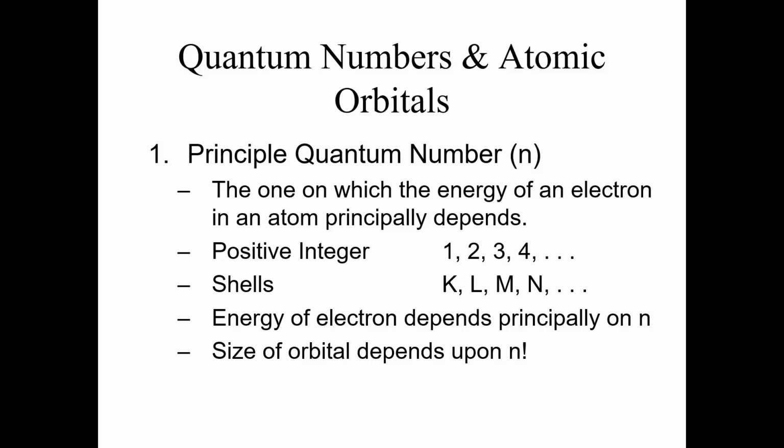Those are the levels. There's nothing in between. They're either on the first level or the second level. And so they get this as n equal to 1, 2, etc. These correspond to the shells. The K shell is equal to quantum level 1, then K, L, M, N, O, P, Q, R, you follow the alphabet. L is quantum level 2.